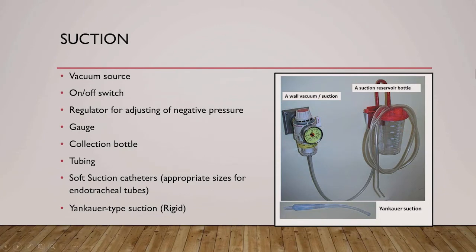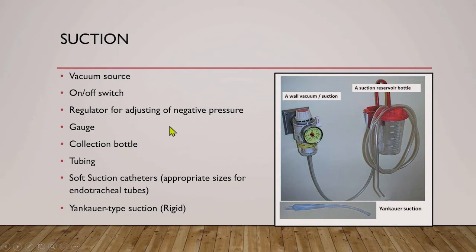So this is a picture showing the wall vacuum with a pressure gauge, and this is the on and off button, and this is the tubing connected to the Yankauer suction over here, which is a more rigid type of suction. This is the suction reservoir bottle.